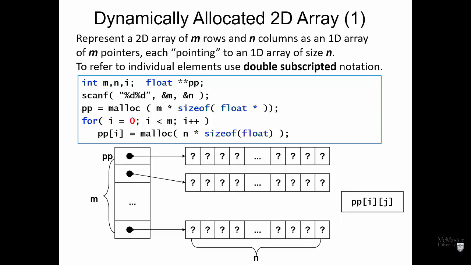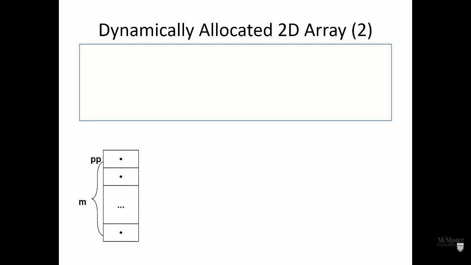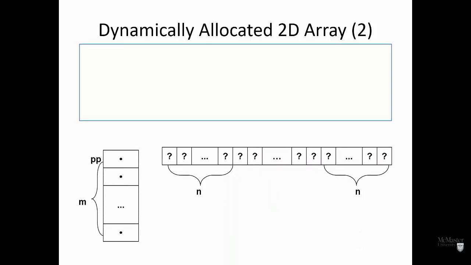If you imagine the memory is just contiguous byte addressable space, you can either allocate these things separately, or you can allocate them at once, and then you point to them differently, right? So this is another way of doing things. You just have m by n entries, and now the first pointer is pointing to 0, the second pointer has to point to n, the third pointer to 2n, etc., right?